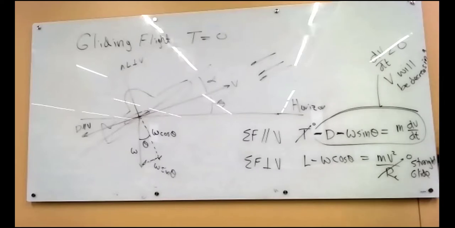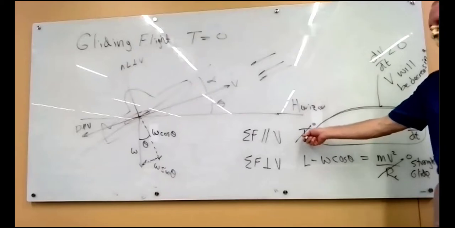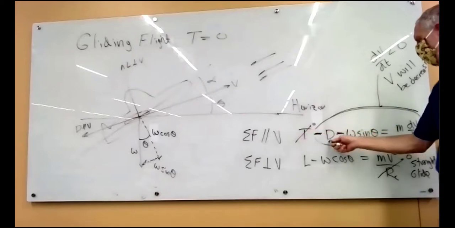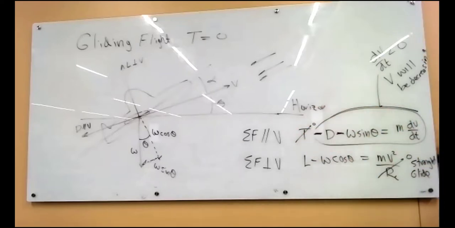Well, how did we solve that before? When the thrust was non-zero, then the thrust could be some positive number that was equal to these components here, and we could get 0, we could get static equilibrium. So the problem is thrust is turned off in that equation.